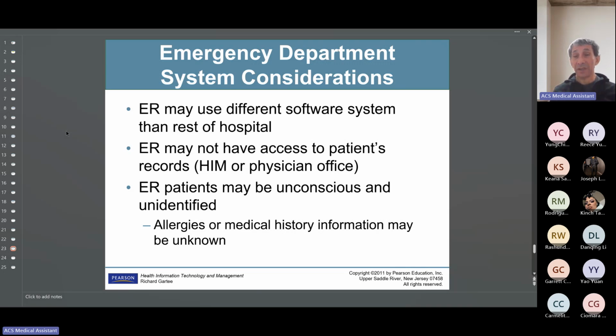We need to stabilize the patient, and then we figure it out if we need more information. Particularly, some of the things, like I mentioned before, allergies or medical history, is something that we need, but we don't have in emergency.